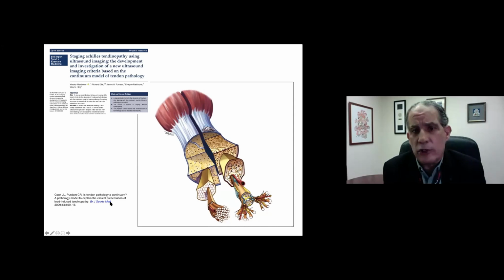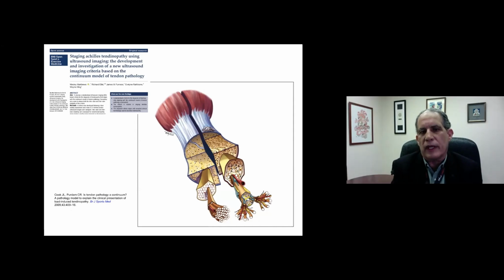The point that they're trying to make is that, from a diagnostic point of view, this is not a yes or no phenomenon, an all or none phenomenon. We cannot say that we have tendinopathy or not. What we can say is that there is a continuum of pathology that evolves and that can flow in both directions.